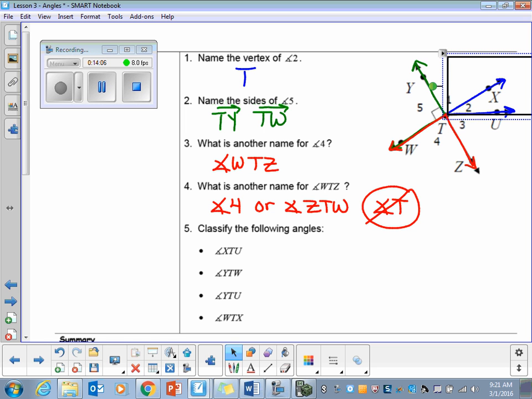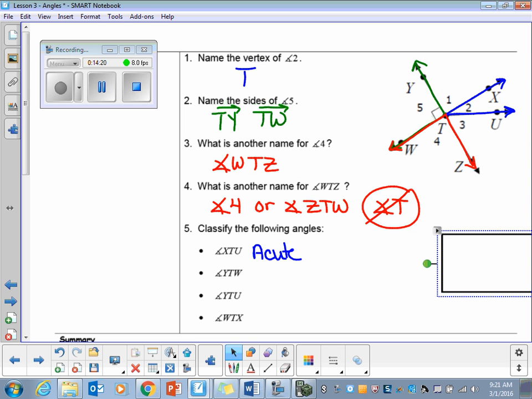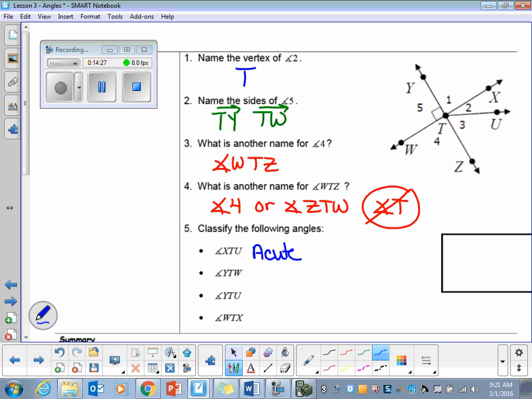Okay, XTU is clearly smaller than 90 degrees, so that makes it acute. YTW. Let's see. I'm going to erase all these colors to help myself out here. YTW. Oh, that's marked with the right angle symbol, so that's really nice. Right.